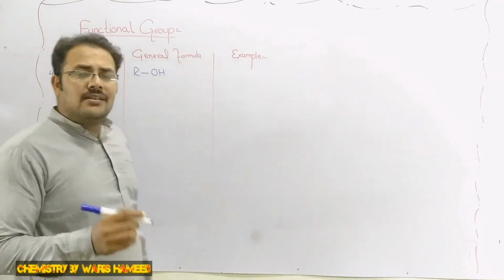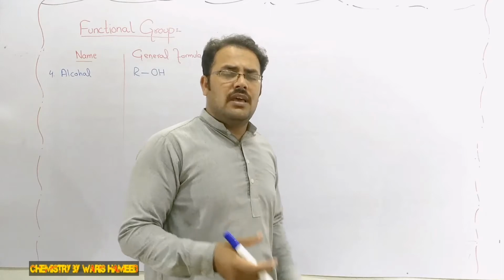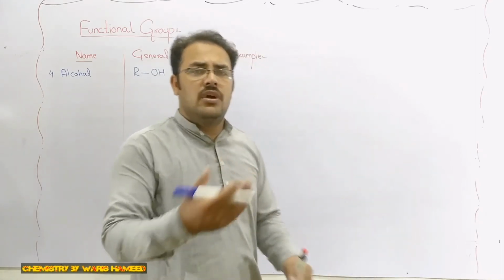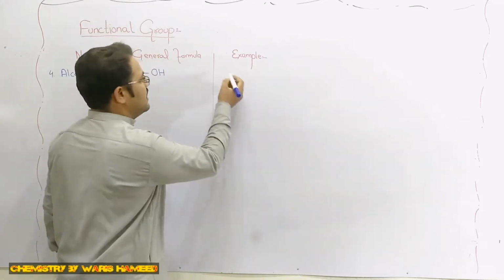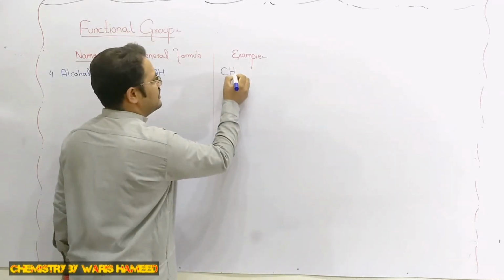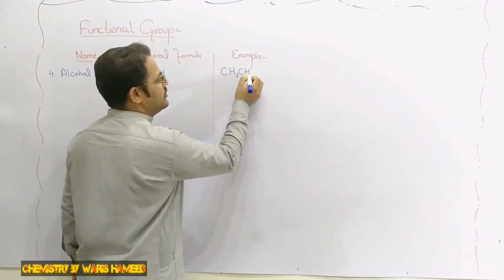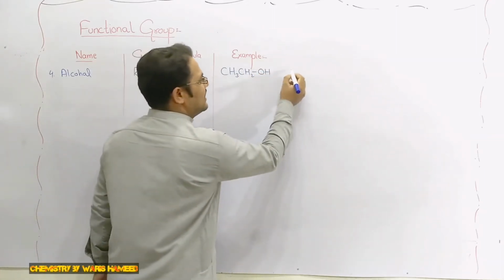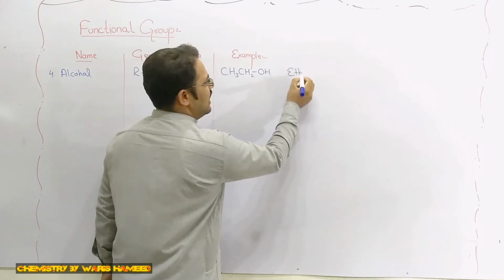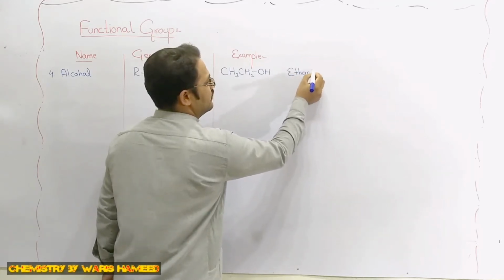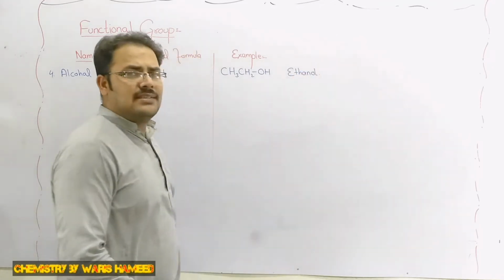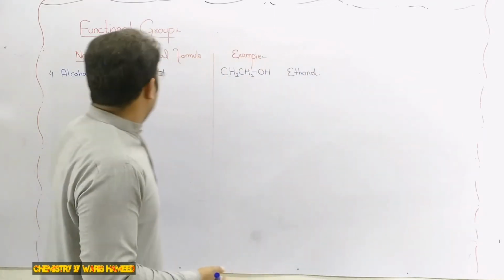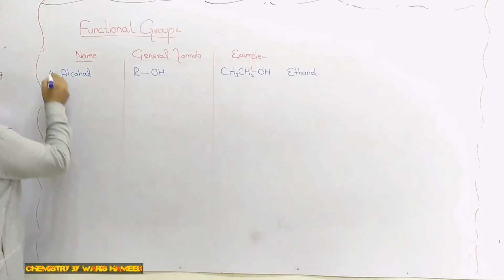If any alkyl group has hydroxyl, then we can say this molecule belongs to the alcohol family. For example, CH3 CH2 OH. It's ethanol. We can also say it as ethyl alcohol.